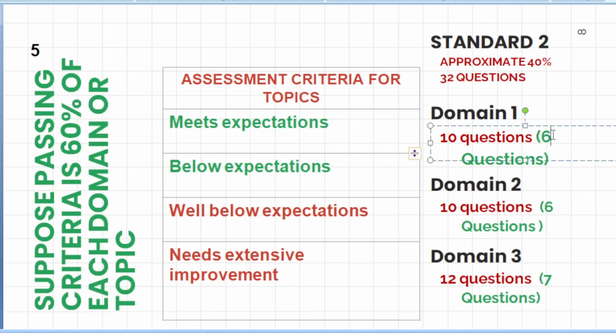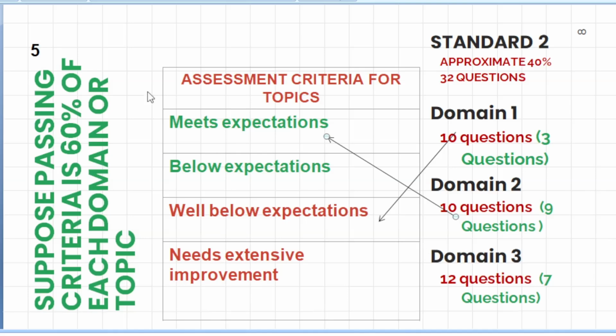In case you achieved over here 3 questions and here 9 questions, that means for the first domain you will be considered as well below expectations. However, for the rest of the domains you will be considered as meeting expectations.